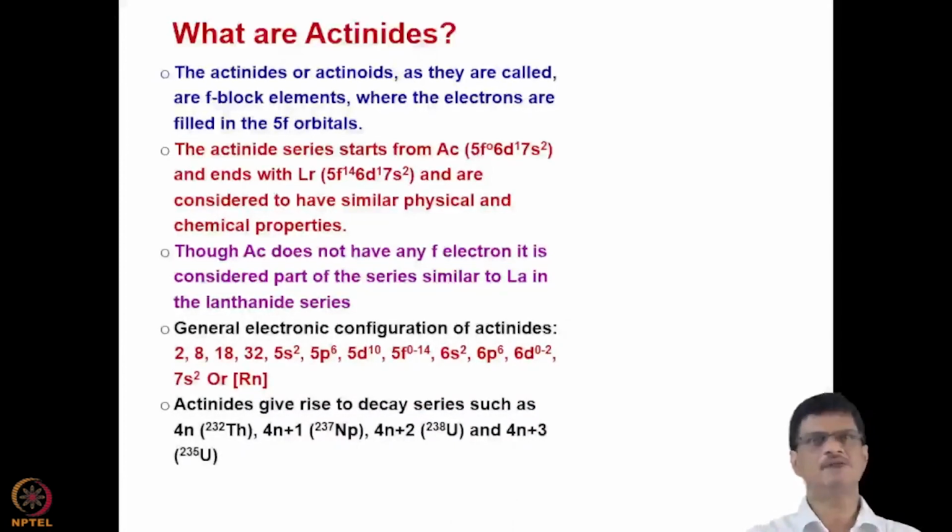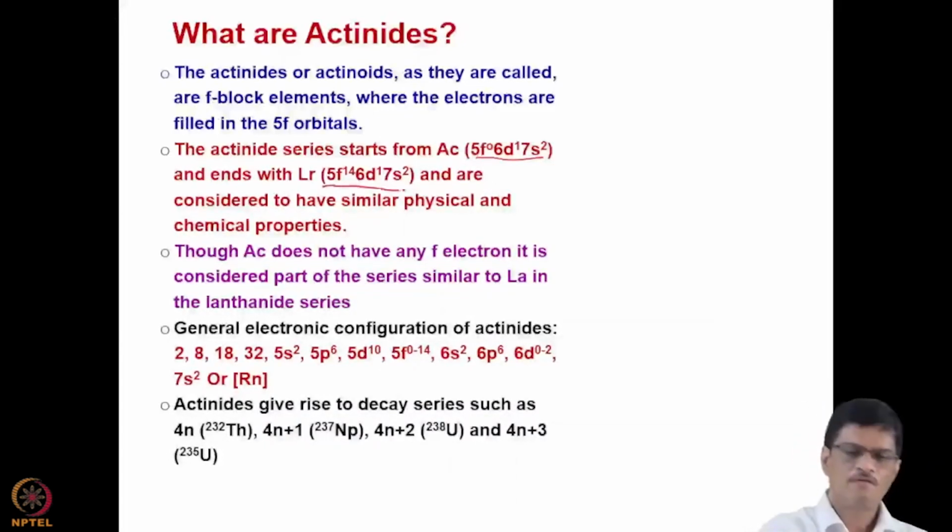The actinide series starts from actinium, which has the electronic configuration of 5f0, 6d1 and 7s2, and ends with lawrencium with the electronic configuration of 5f14, 6d1 and 7s2, and they are considered to have similar physical and chemical properties.